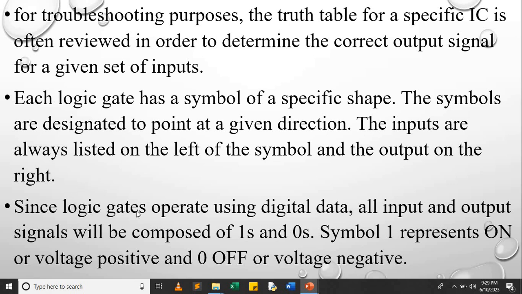Since the logic gates operate using digital data, all input and output signals will be composed of ones and zeros. The symbol 1 represents on, or voltage positive, and 0 represents off, or voltage negative.